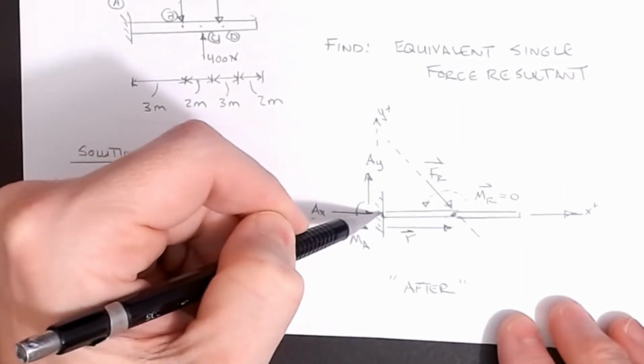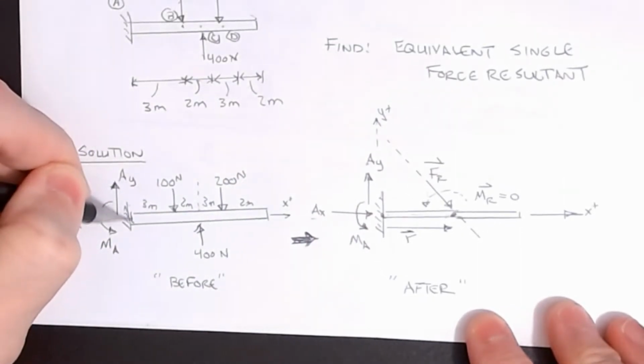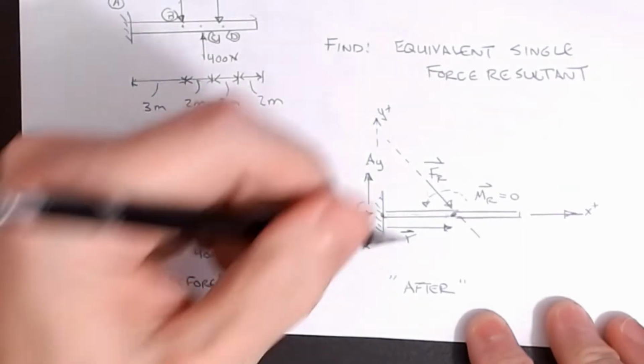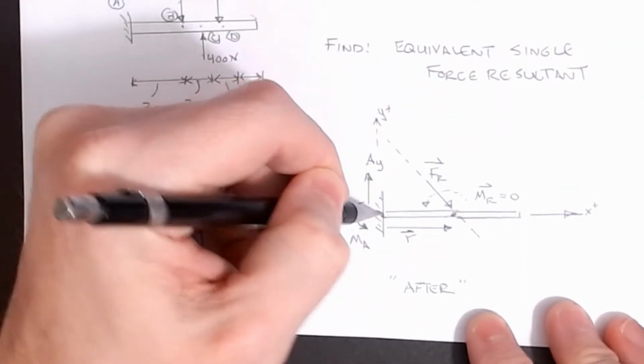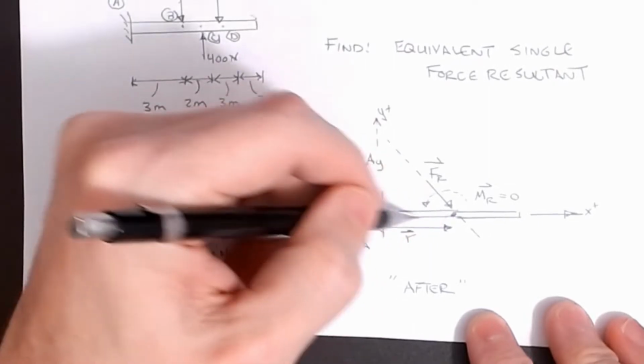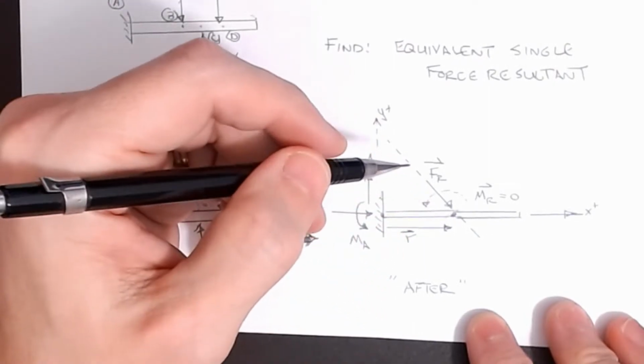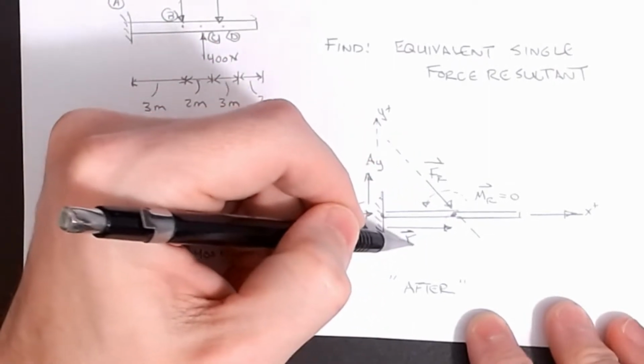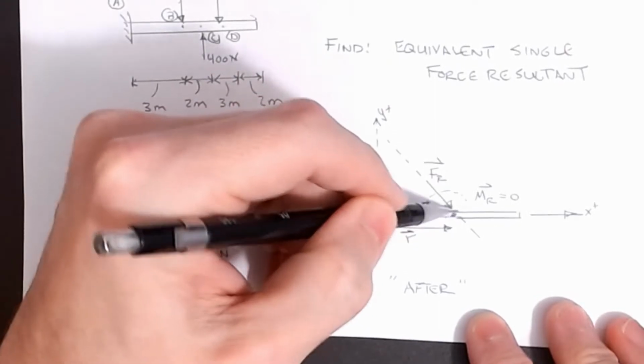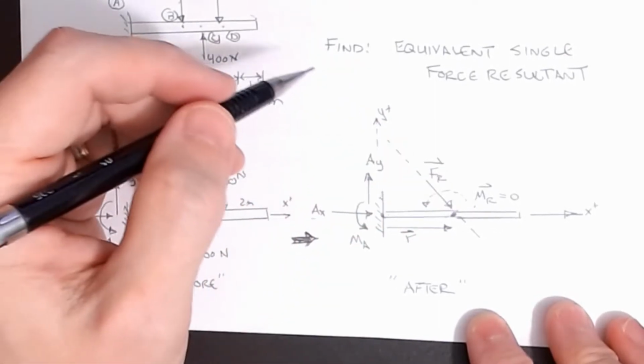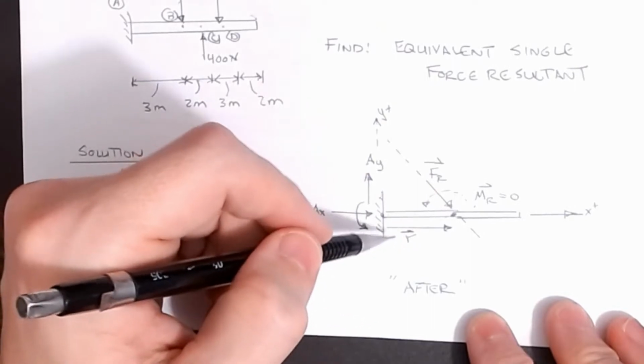And then the other piece is that there is a position vector that goes from some origin, and I just arbitrarily chose to set my origin at the support location. There is an R vector that goes from here to some point on the line of action of the force. Now this one's a little bit more specific in that it has to be to the point where MR is 0. So we'll be mindful of that as well.